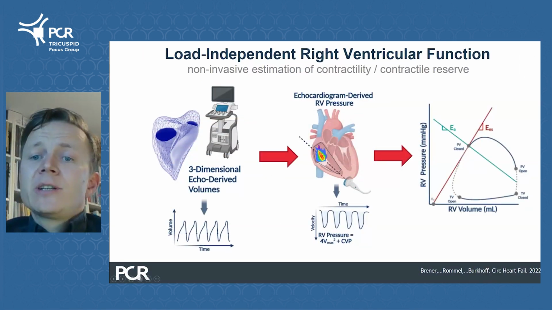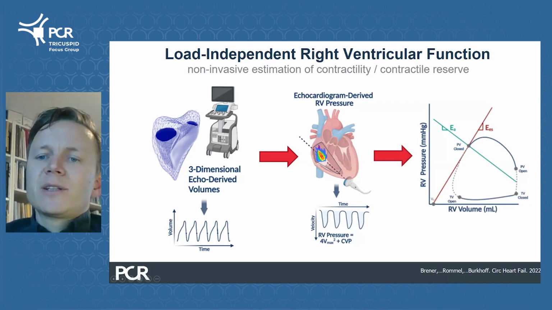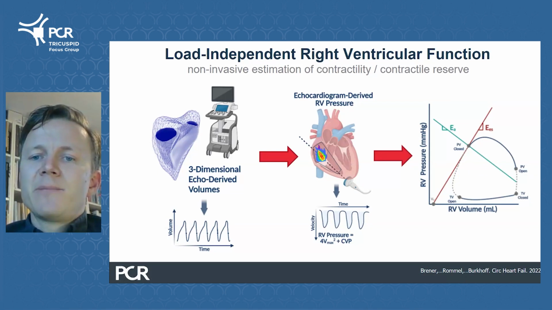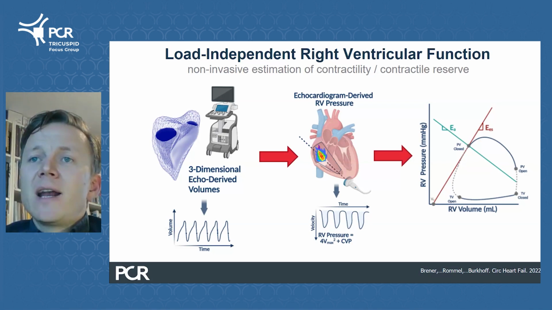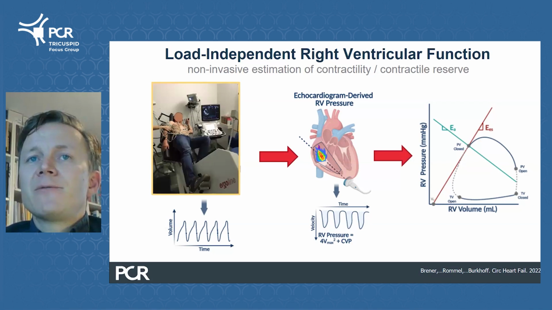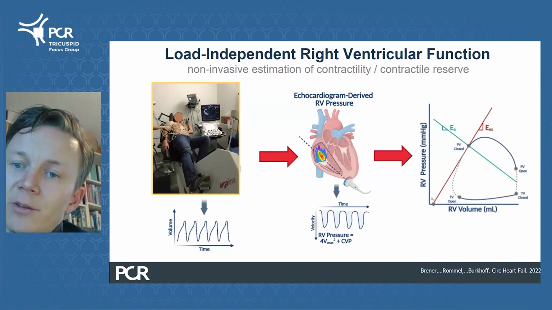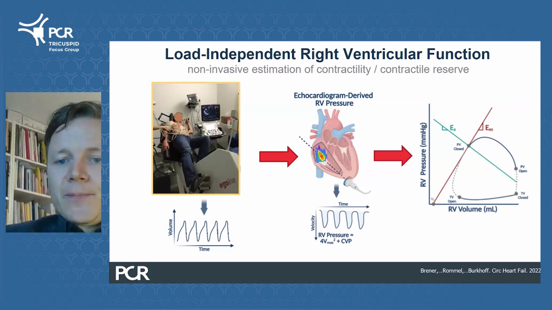In addition, traditional non-invasive markers assessing RV function are hampered by load dependency, and so non-invasive methods to really quantify load-independent RV function bear the hope to better characterize patients and stage them properly. And this includes baseline function as well as possibly RV contractile reserve.